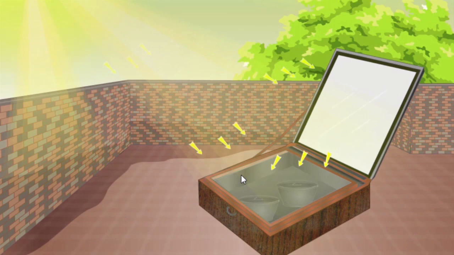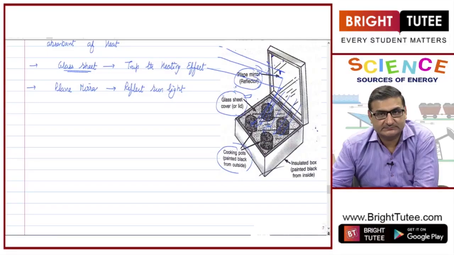The function of the plane mirror is equally important because it reflects more and more solar rays into the lid. Very importantly, why are the internal side and the containers painted black? Because black is the maximum absorbent of heat. So these are a few things you need to remember in a solar cooker.